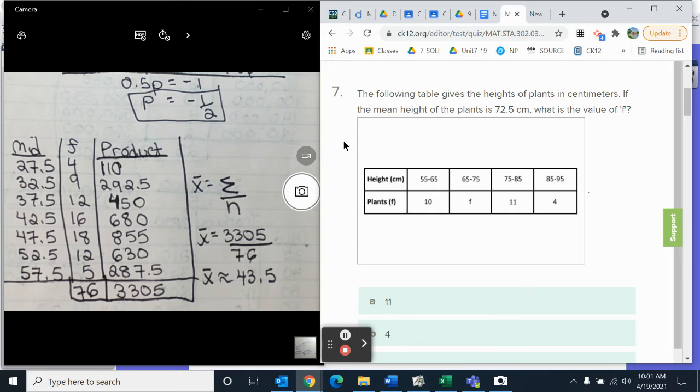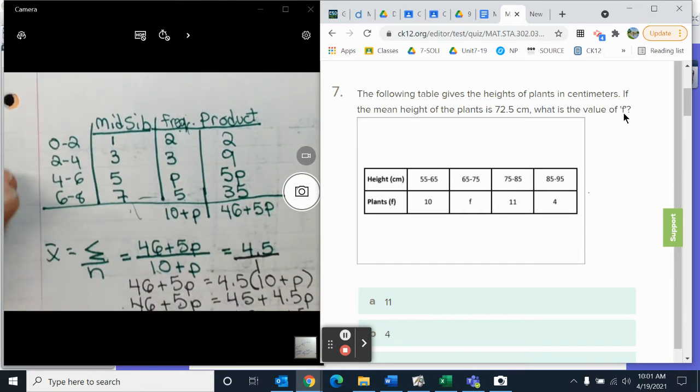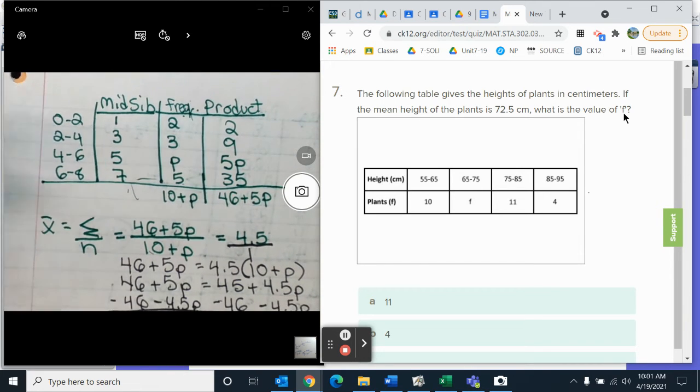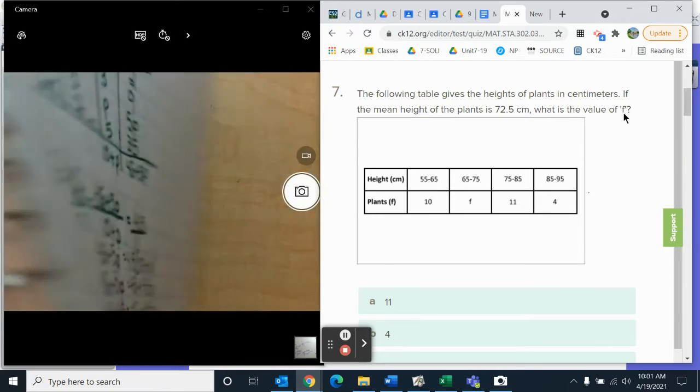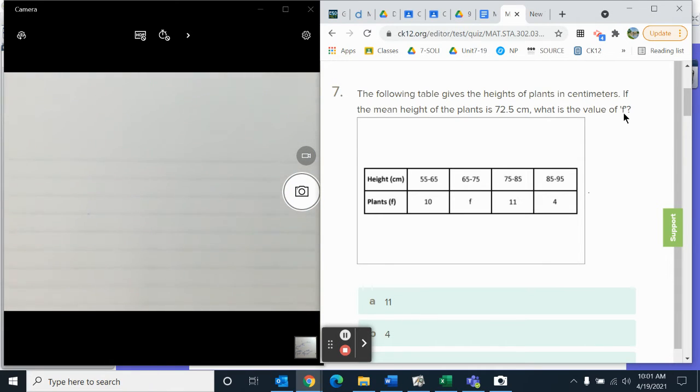Now in question number 7, the following table gives the heights of plants in centimeters. If the mean is 72.5, we need to find the value of f. So this will be similar to what we did in the table of number 5 with our siblings.